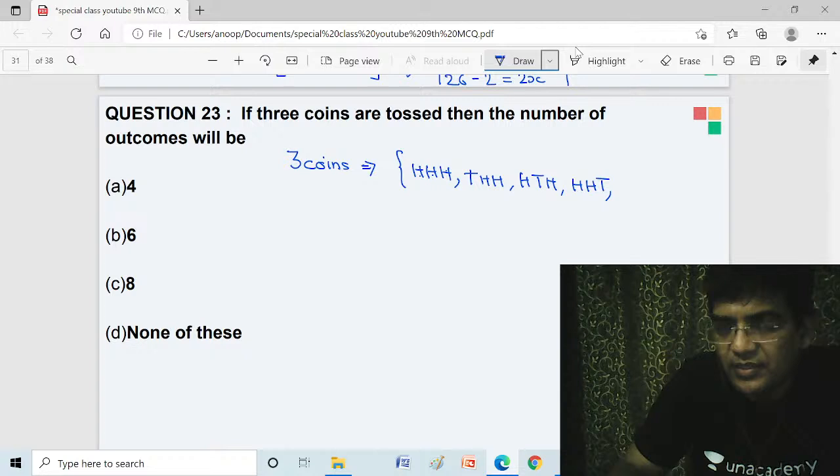So head, tail, head, tail, then tail, tail, head. So how many outcomes are there? See, 1, 2, 3, 4, 5, 6, 7, 8. In the question they have asked us to find the number of outcomes.